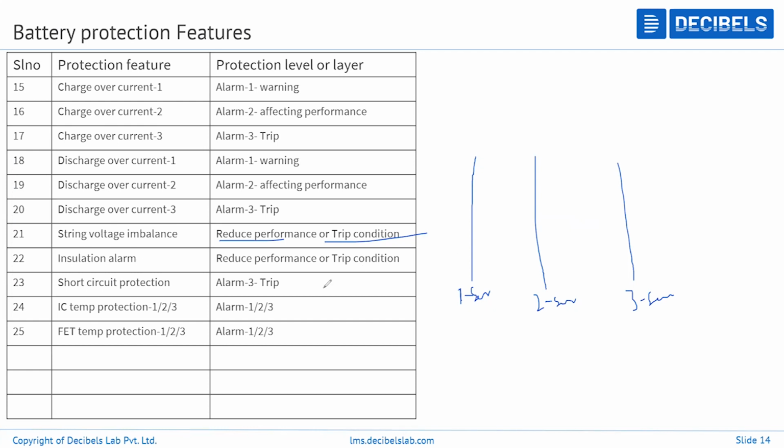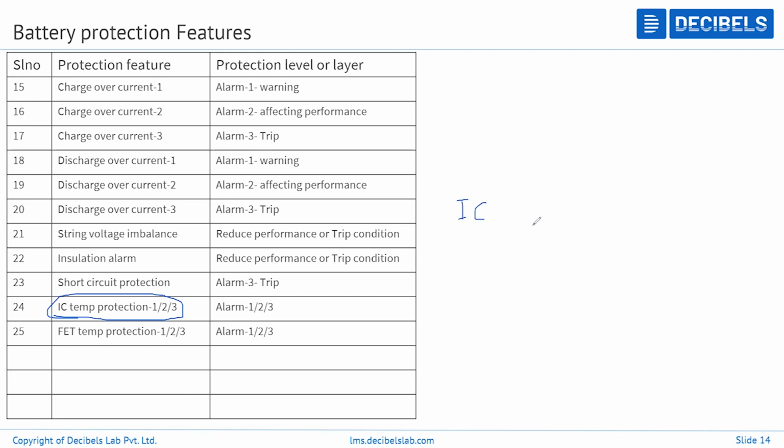Even the insulation alarm, if there is any current passing into the chassis of your vehicle, that is monitored. There is insulation monitoring and short circuit protection, and even IC temperature protection level 1, level 2, level 3. Even your ICs, like AFEs, microcontroller chips, and other ICs, even the FETs, that is your MOSFETs, will get heated up when they are draining the current.